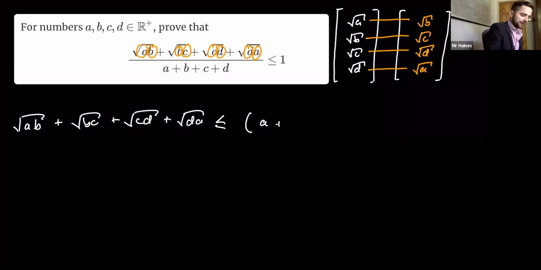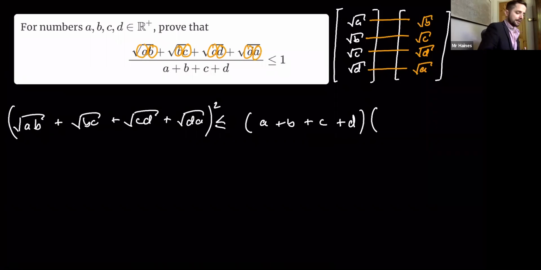Root B squared, which is B, and so on. Oh, I forgot to square the left side. That's part of the Cauchy-Schwarz inequality. I need to square it. Okay. And the sum of the squares of the second vector, well, root B squared, so that one squared, gets me B, and then C, and then D, and then A. That's root A squared at the end.